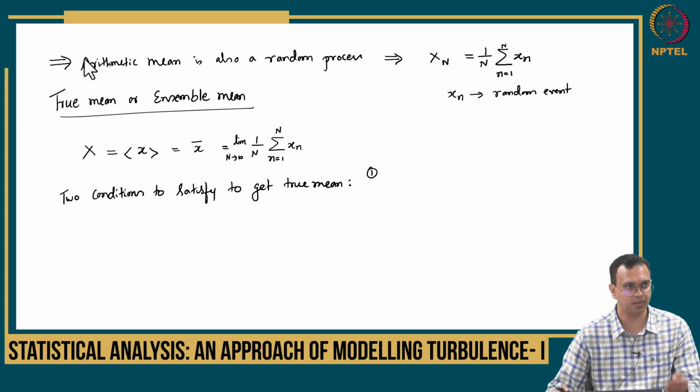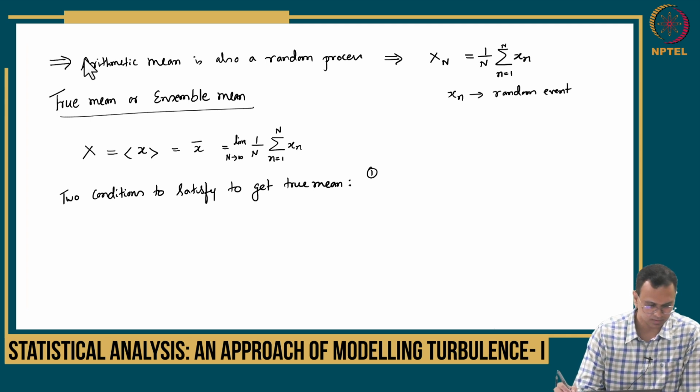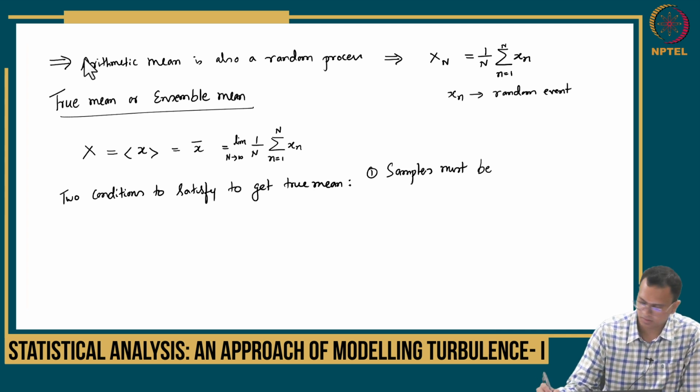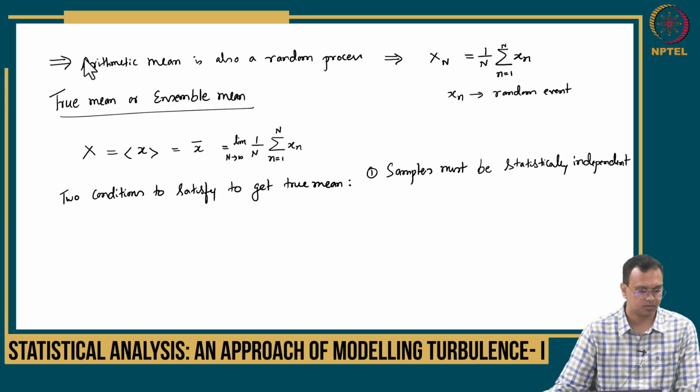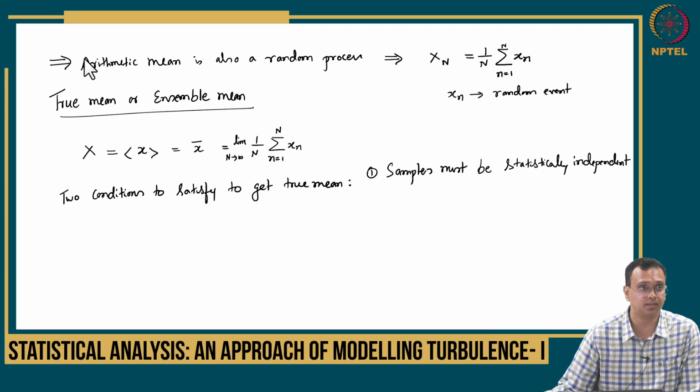So whether you flip the dice or somebody else flips the dice, these two events should not be statistically dependent, okay. So the samples must be statistically independent, okay. So they should not affect each other, in the way you collect the samples.